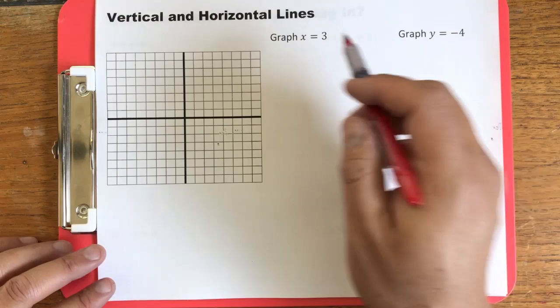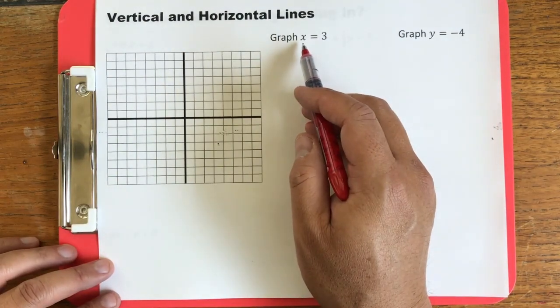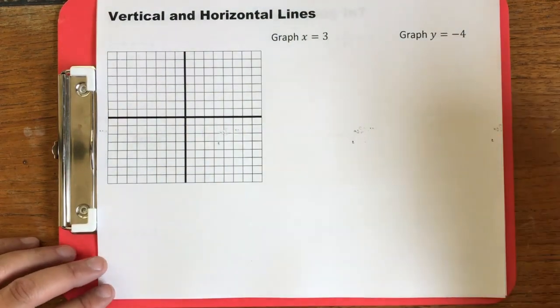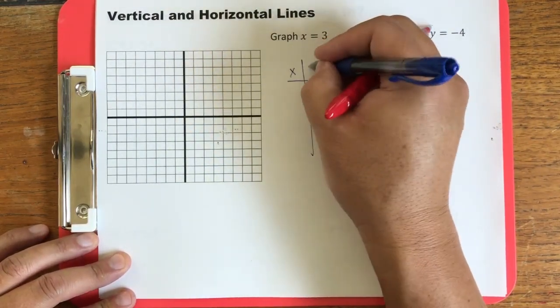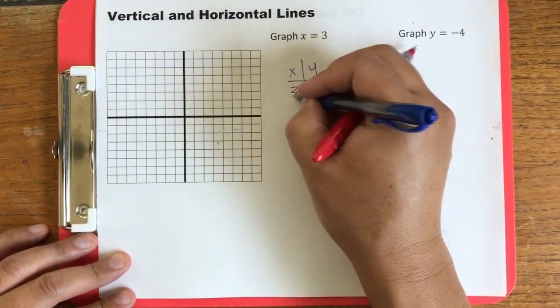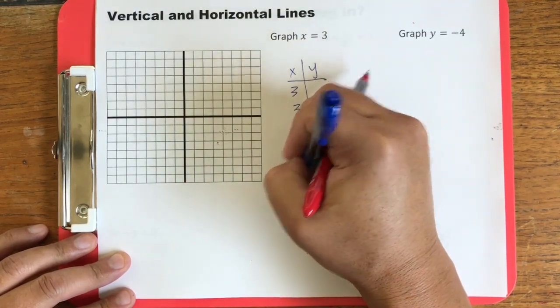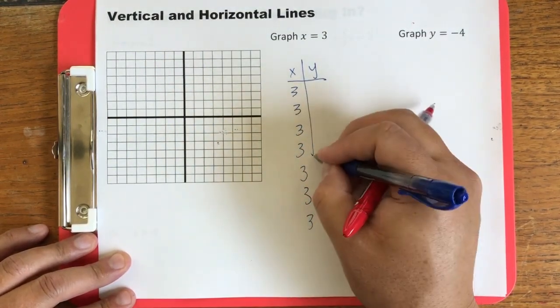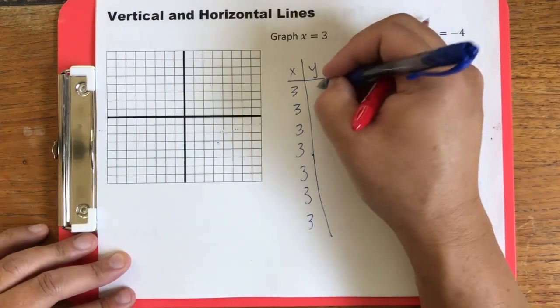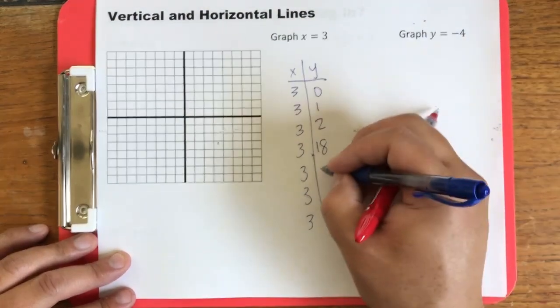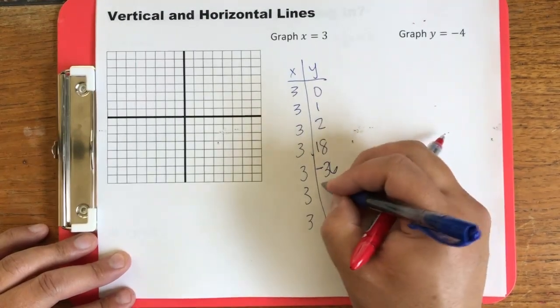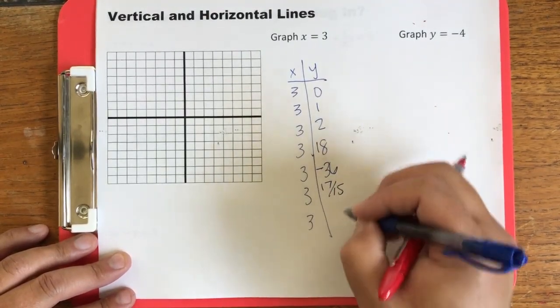So when we look at something like this where there's only one variable, the way you graph this is we start out saying x is equal to 3. Now, I don't care what y is. Y could be 0, it could be 1, it could be 2, it could be 18, it could be negative 36, it could be 17 over 15, it could be pi.